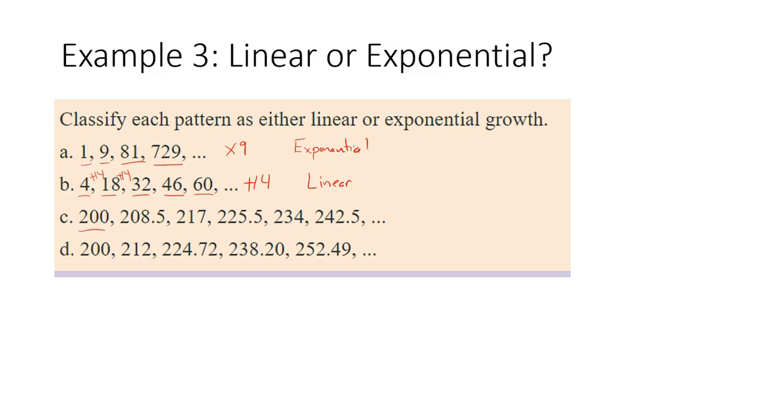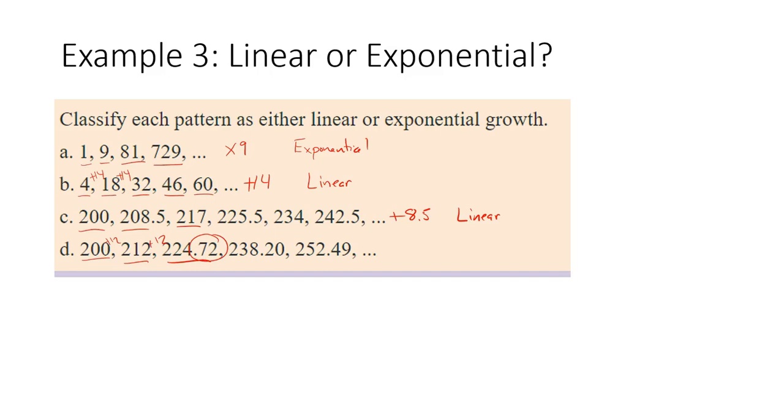Similarly, here, we are adding 8.5 each time. And so this would also be linear. And here you can tell that you're not adding the same number each time, because if we were just adding 12, then this one would just be 224 and not have this decimal.